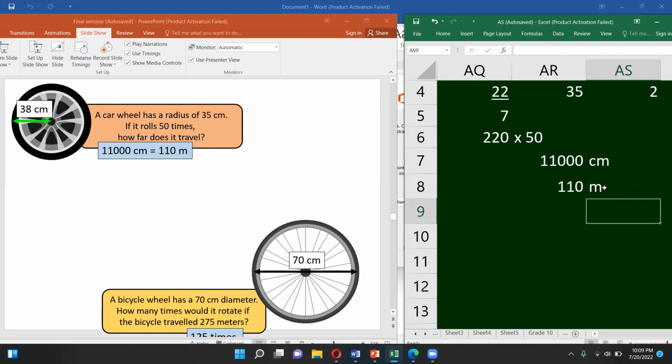Next question. A bicycle wheel has 70 centimeters diameter. How many times would it rotate if the bicycle travels 275 meters? So first do the normal way, pi d, that is 70 into 22/7.